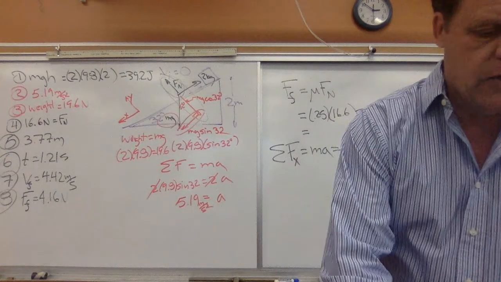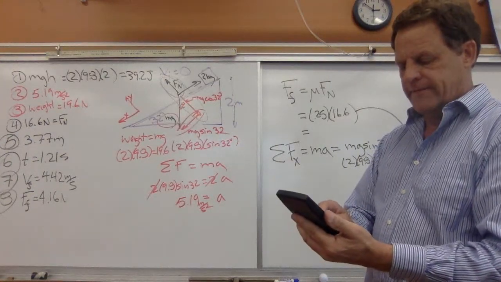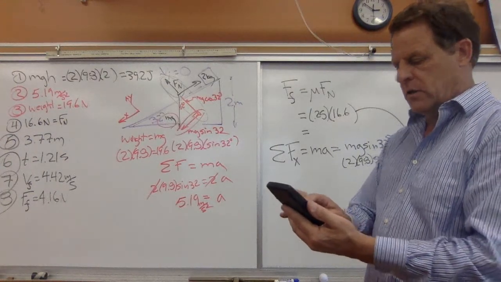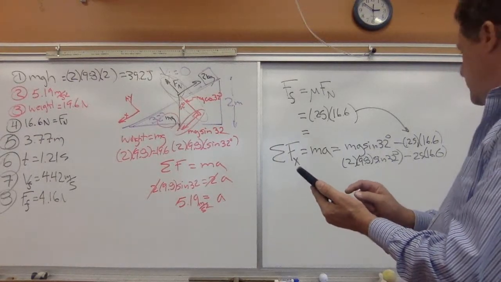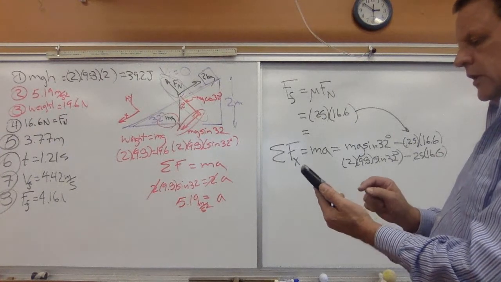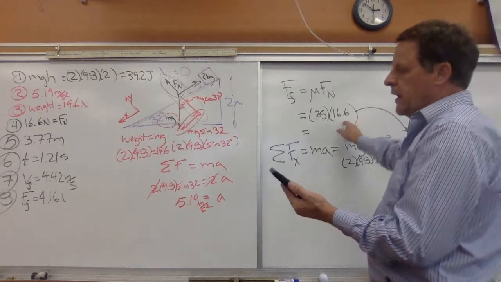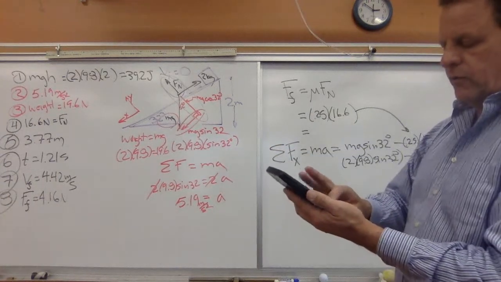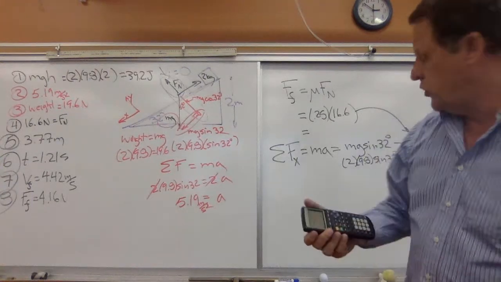Let's check all that out here. So 2 times 9.8 times sine of 32 is 10.38 minus, remember, we got 4.16. That means it is 6.22.